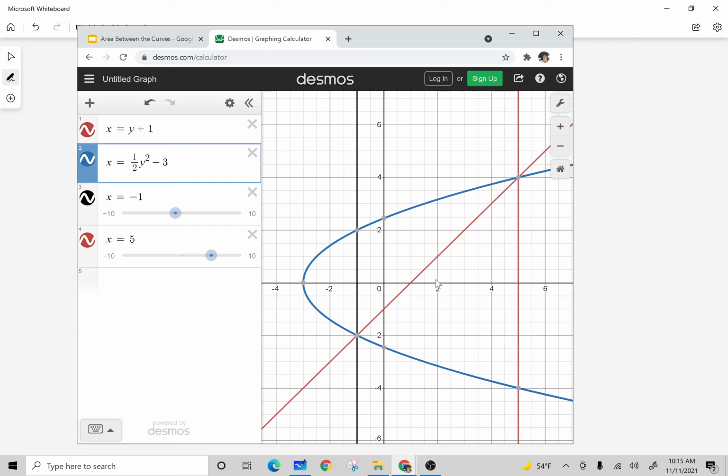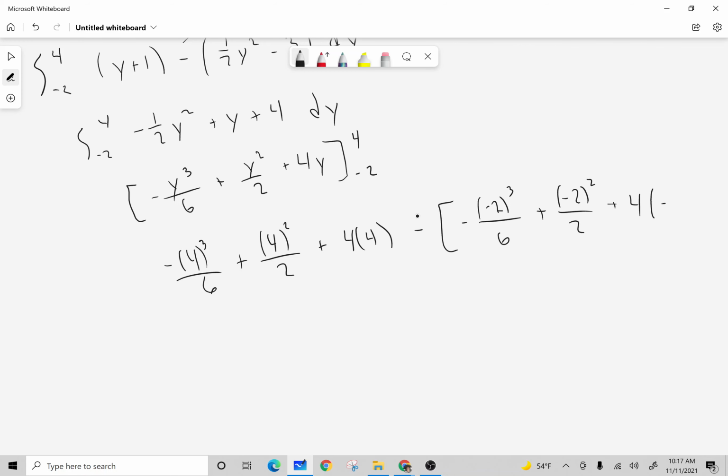And then we have a minus, and this is -2. So minus -2 to the third over 6. Sorry, that's a 2. Plus -2 squared, that's horrible, squared over 2 plus 4 times -2.